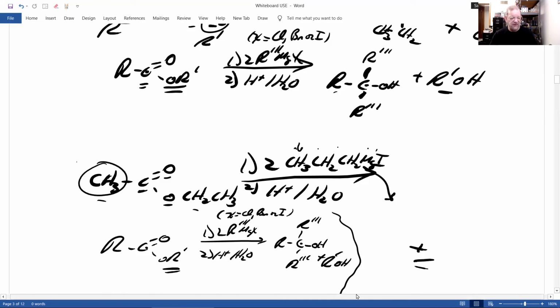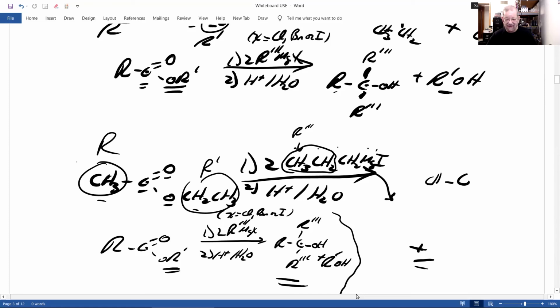And so this is R prime. And here we have our triple prime. So I'm going to stick with the carbonyl carbon because that's where the fun is. And this tells me I have R, which is methyl. I'll have my hydroxyl group. And then my, not one, but two R triple prime.